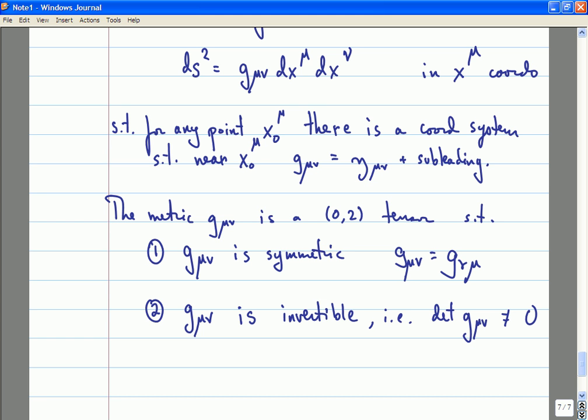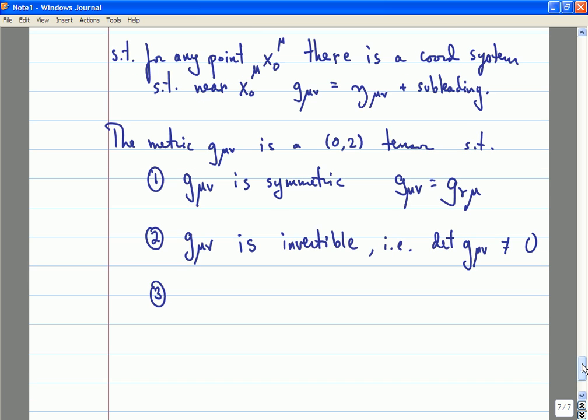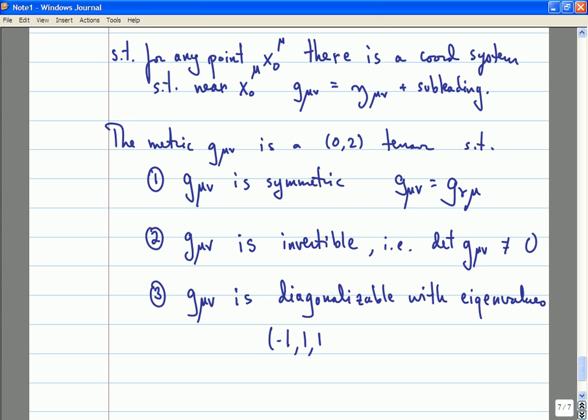And finally, because g mu nu is invertible, it can be diagonalized. And so it is diagonalizable and the eigenvalues of g mu nu, namely the diagonal elements when it's diagonalized, are -1, 1, 1, and 1.